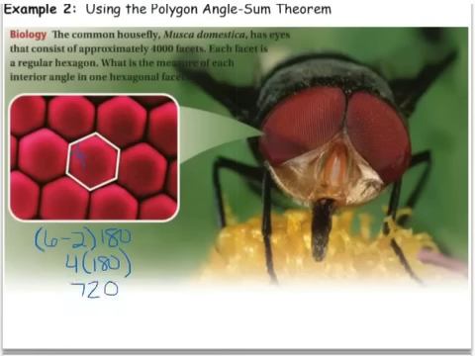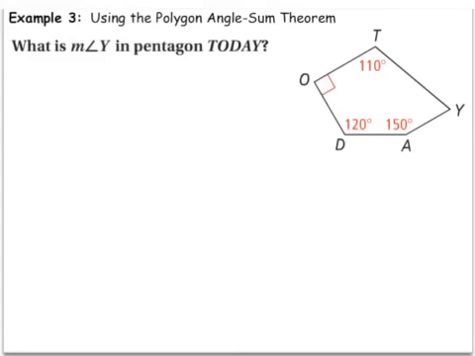Now that we know the measures of all the angles in the hexagon, we're going to take the 720, divide by the number of angles in the hexagon, which is 6, and 720 divided by 6 is going to give you 120 degrees. So 120 degrees per angle in the regular hexagon.